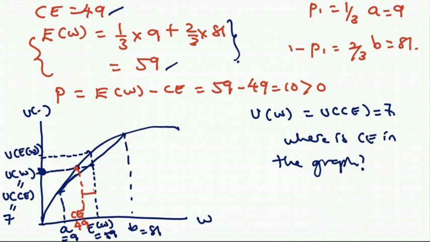Then, this distance, called distance capital A and B, AB distance is actually the premium, which is positive.